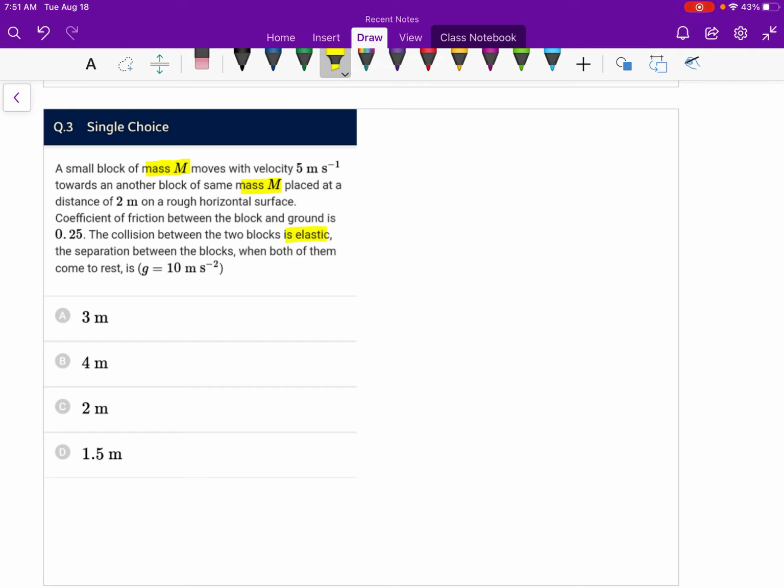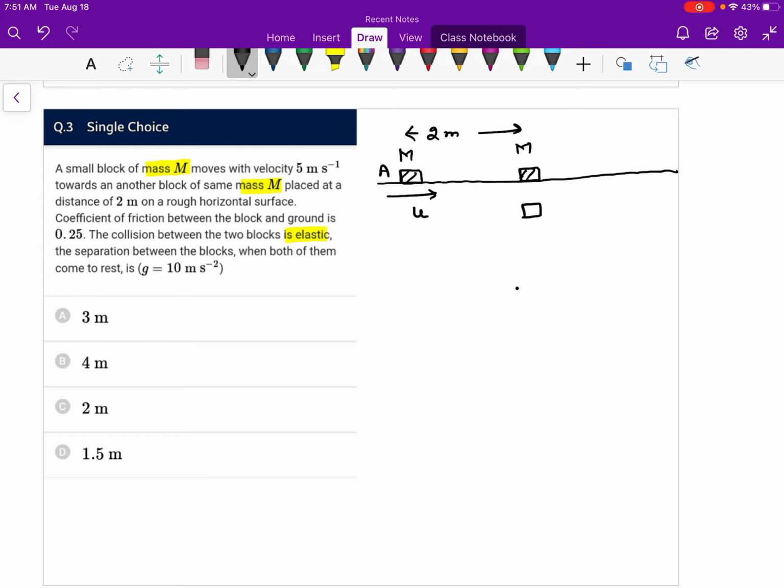Say mass M starts from O with speed u, and another mass M is at rest at 2 meter distance. Now the first M collides with the other M with speed v1. Velocities get exchanged and the first block comes to rest.